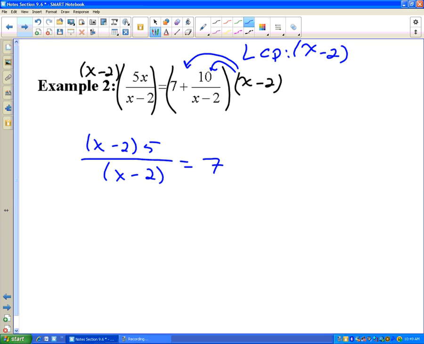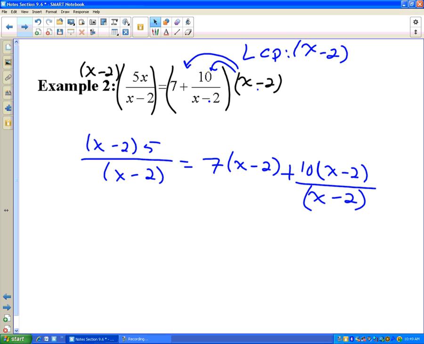You want to distribute the x minus 2 all the way in, because I want these two to cancel. So I'm going to go ahead and distribute and get 7 times x minus 2 plus 10 times x minus 2 over x minus 2.